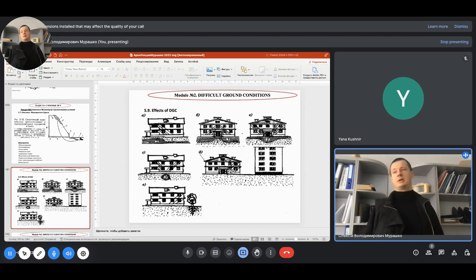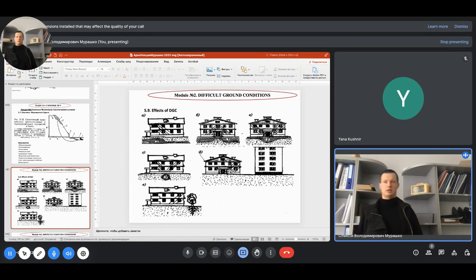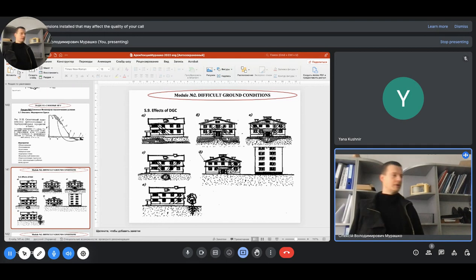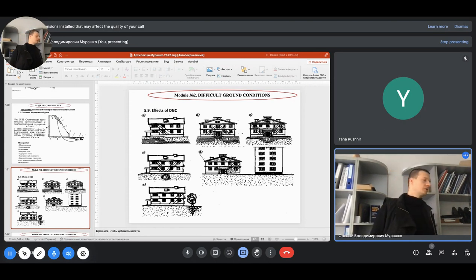So a new big multi-story building can destroy old buildings located not far away. In such cases, we have to make a special structural solution like piles or another wall-in-ground solution.